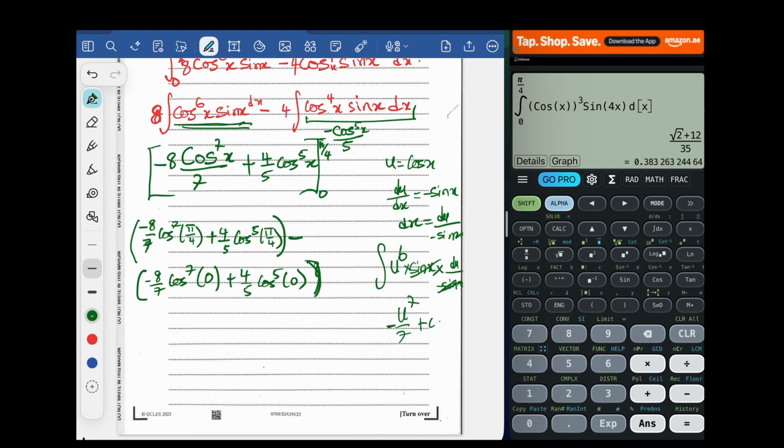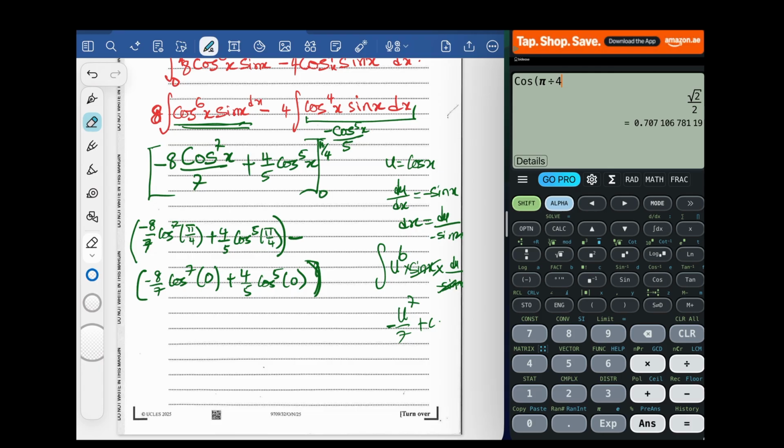Okay, so this gives me, cos pi by 4, so I'll just press cos pi by 4, is root 2 over 2. Okay, then to the power of 7, you get root 2 over 16.